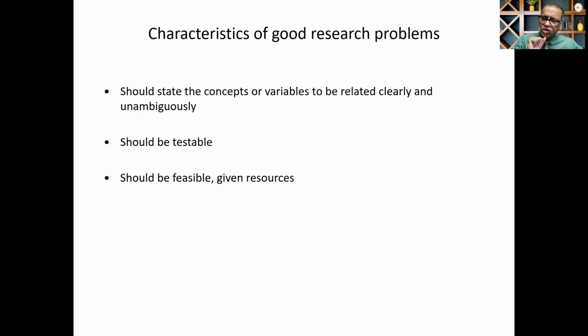Then after defining the problem, we'll talk about the characteristics of a good research problem, its attributes and benefits. A good research problem should state the concepts or variables to be related clearly and unambiguously. It should be testable.